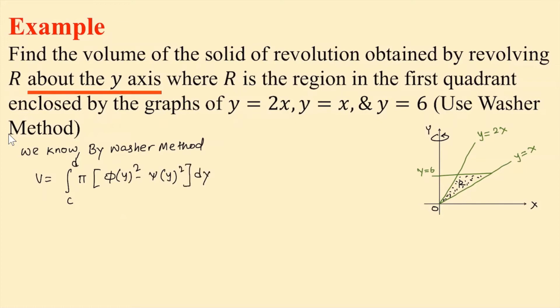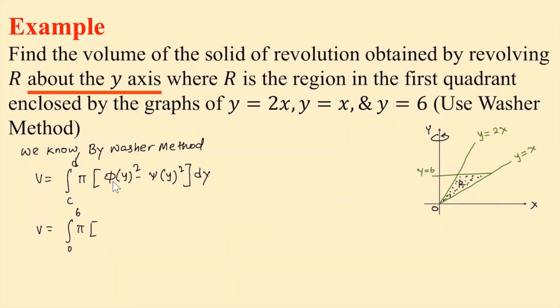So here we need the functions in terms of y. So let's see how we can do that. Volume is equal to the integral from c to d, that is the lower y value up to the upper y value for this region R. For this region R, the lower y value is 0 and the upper y value is 6. So we are integrating from 0 to 6, then pi times the square of P of y.